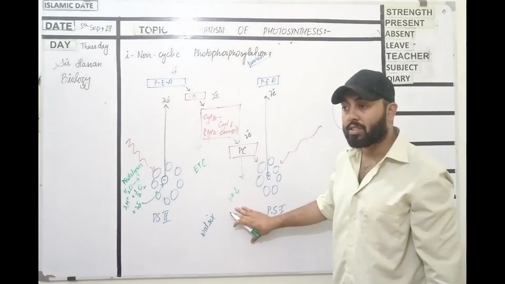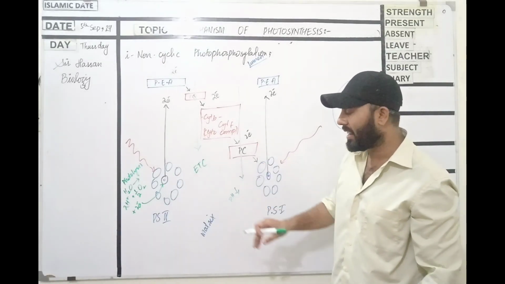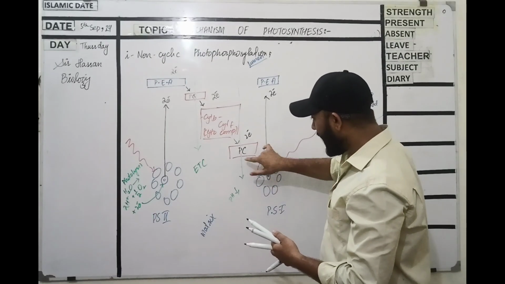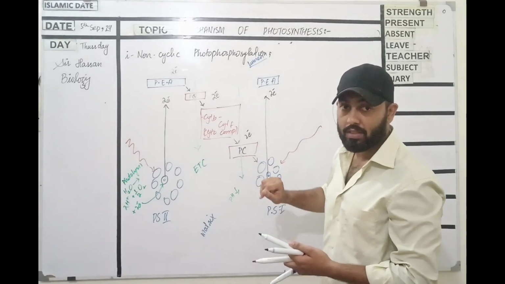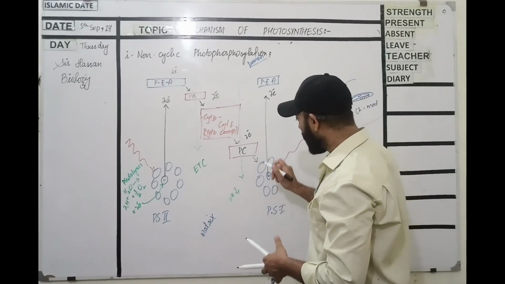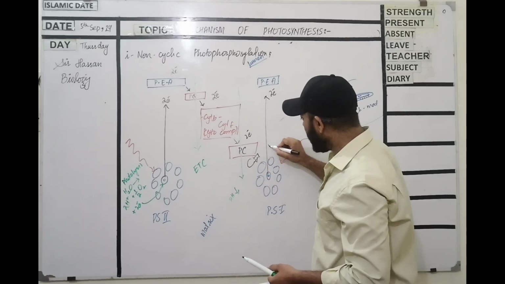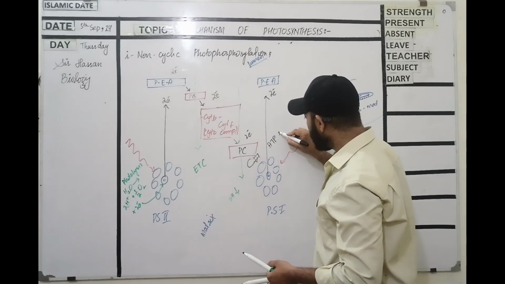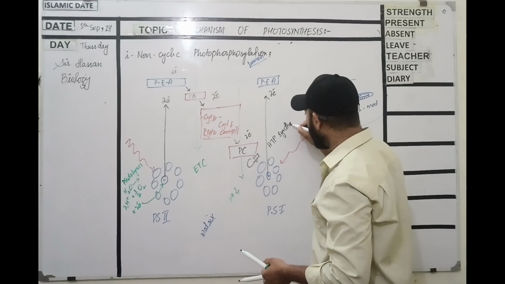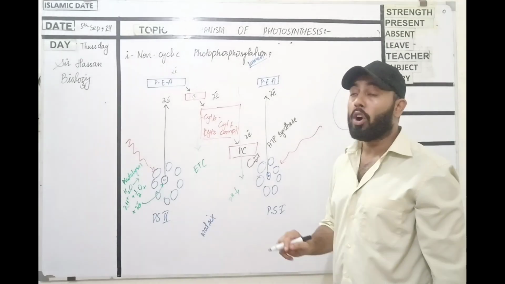When the pH is lowered or the gradient is created, the enzyme present at the end of this chain, which is called ATP synthase enzyme, will be activated and it is going to perform phosphorylation.